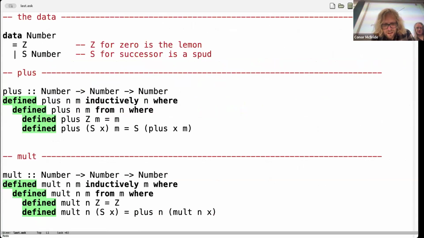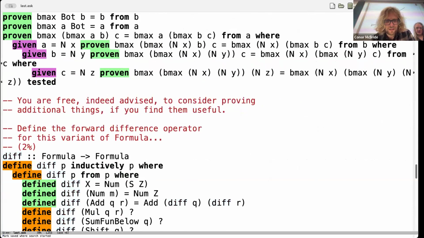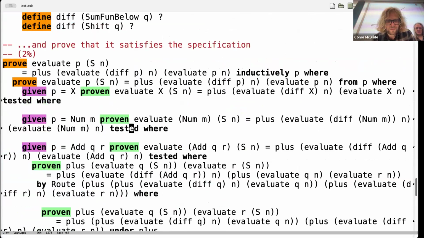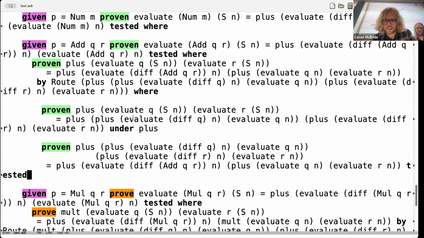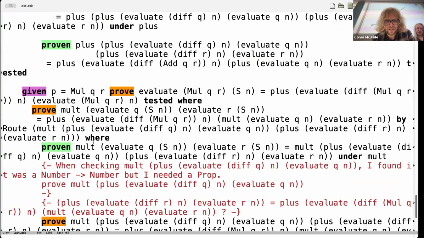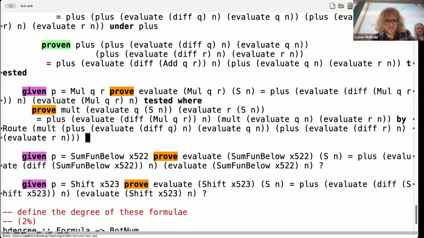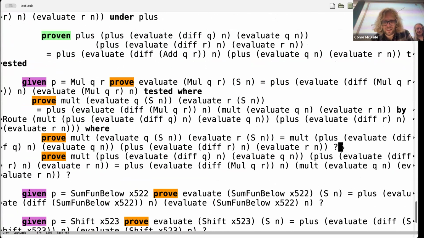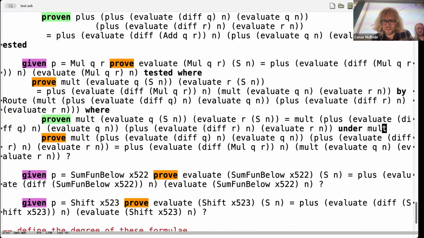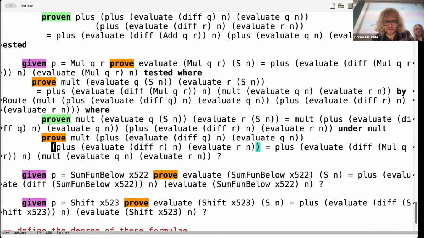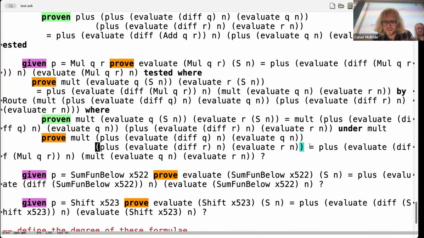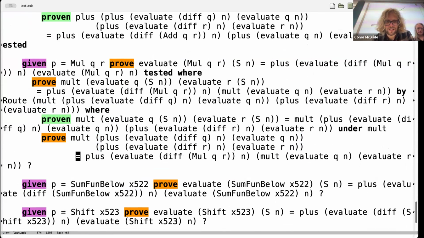I can't. Okay, let's just go back to this state. And we said this one was under mult. And here I wanted to line things up a little bit nicer.